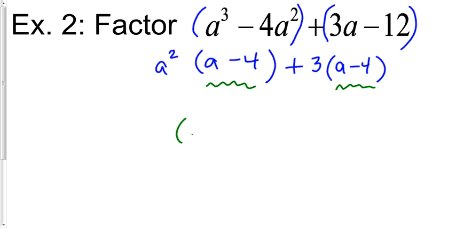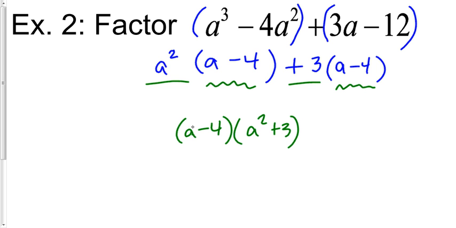So we can bring a minus 4 out in front as our common factor, and then what's left over is this right here, what we put on the outside of the parentheses, a squared plus 3. So a minus 4 times a squared plus 3. Now, if you were to FOIL all of this out, you would actually get exactly what we started with, a to the third minus 4a squared plus 3a minus 12. Okay, so we know that these factors are correct, and you can check it by using the FOIL method.